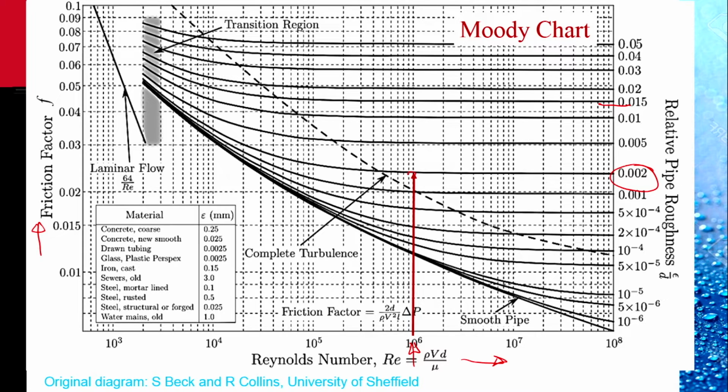Then we get to this point, and then we go to this axis and read the friction factor. Once we have determined the friction factor, I can determine the pressure drop. Delta P divided by 1/2 rho V average squared is f times L by D. This f we obtained from here, and L by D we know.